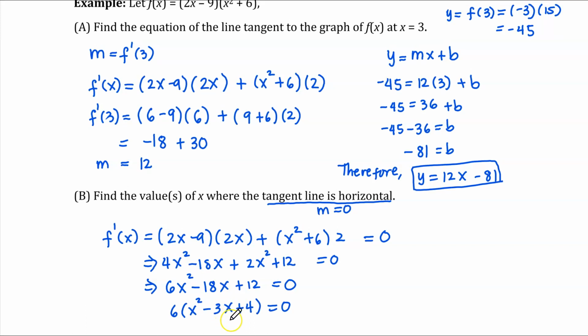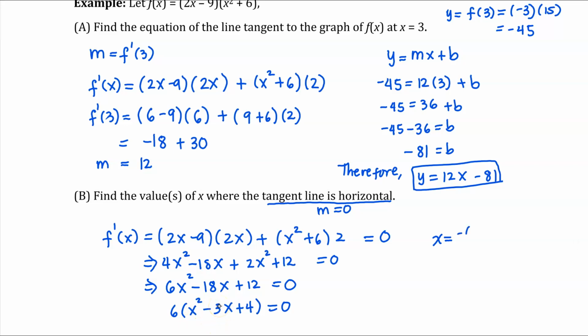Now to find the values of x that will make this expression equal to 0, we will find the zero of x here by using the quadratic formula, since the factors here are not that obvious. So using the quadratic formula, we have x equals negative b, so negate b here, the coefficient of x.